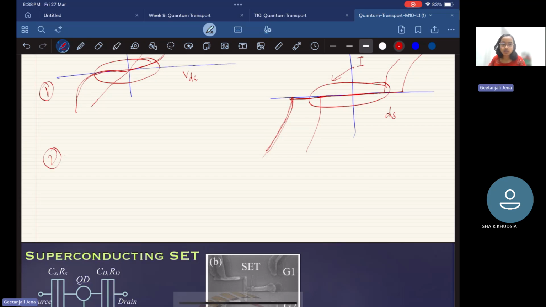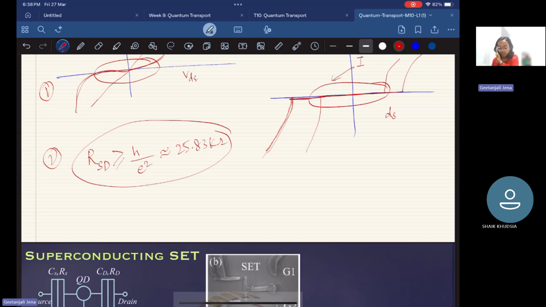So to see the Coulomb blockade effect for this normal or semiconductor SET, we need that each tunnel resistance, or resistance between the junction, should have a value greater than or equal to h by e squared, and this value is 25.83 kilo ohm for the normal and semiconducting SET.